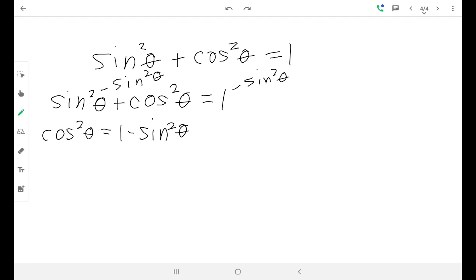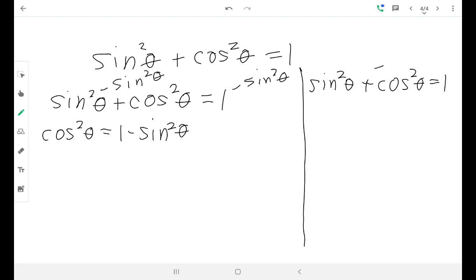As an alternative to this, there is the other side of it. If you have that same identity, and instead you subtract the cosine squared theta, squeeze it in there. It doesn't look real nice, but I squeezed it in there.